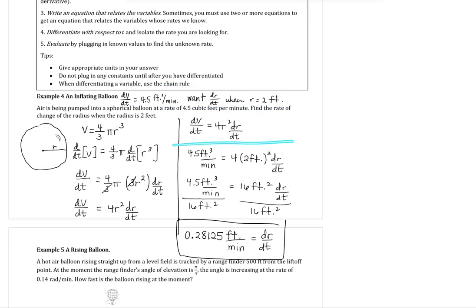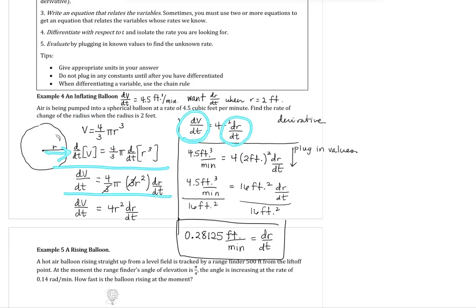Right here is where we started plugging things in, but that did not happen until after we had already taken the derivative. So when you start these problems, the first thing you need to think about is, what equation do I need to start with in order to take a derivative and be able to see whatever it is that I'm trying to solve for or what I have some information about.